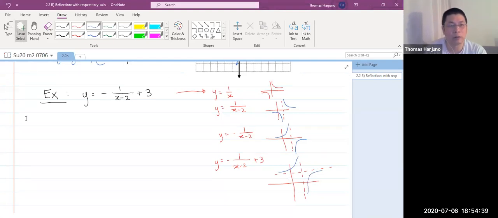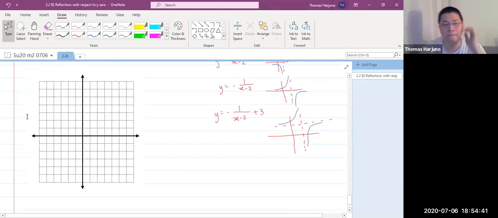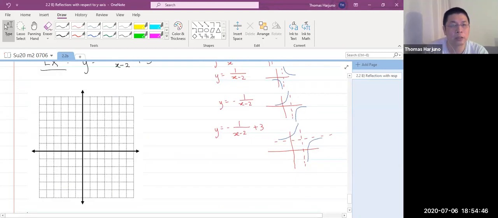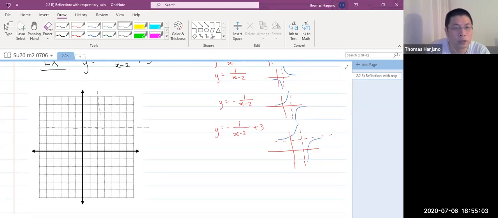Now let's sketch the graph. The new quote-unquote vertex is 2, 3. Okay, and use helping lines to help us graph it later on. But this quote-unquote vertex is actually not part of the graph. I just try to visualize that my quote-unquote new origin is there.